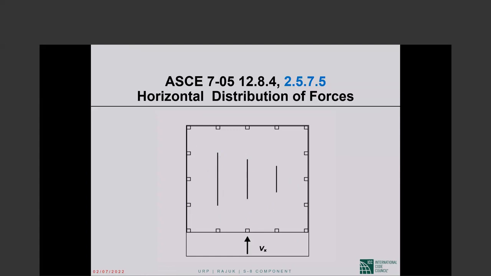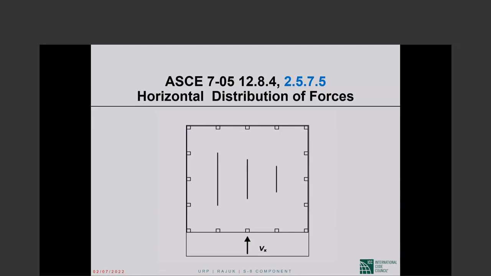Now what I said is true if the diaphragm is rigid, if the diaphragm does not deflect too much in its own plane. Rigid versus flexible diaphragm I will discuss on a subsequent occasion, not today, but it is very easy to understand. If the diaphragm bends in its own plane and as a result of this bending it does not deflect much, it is a rigid diaphragm.